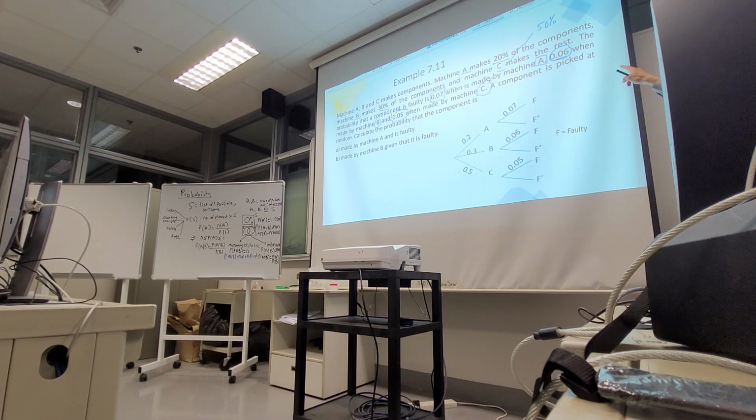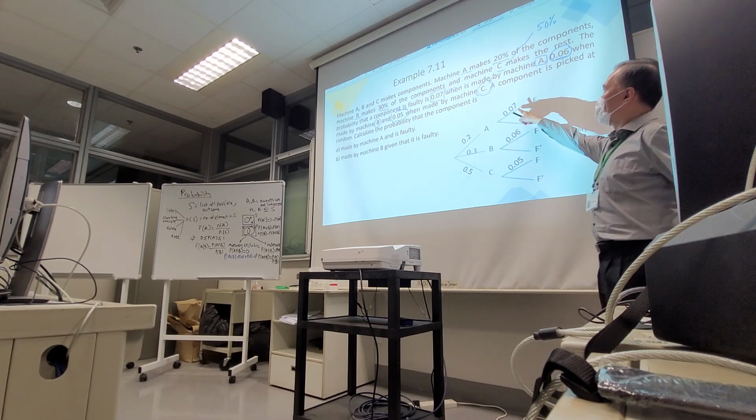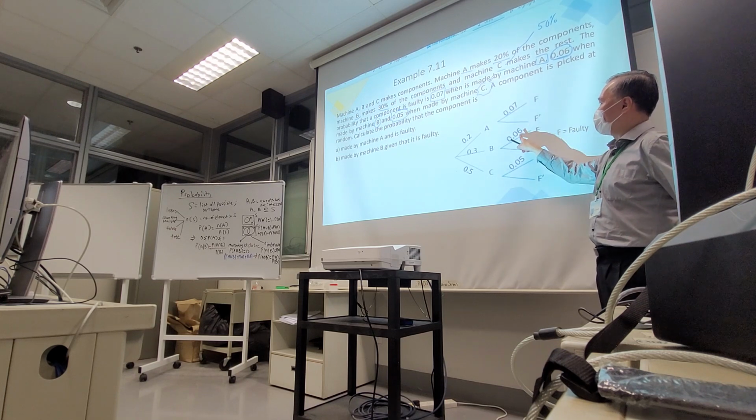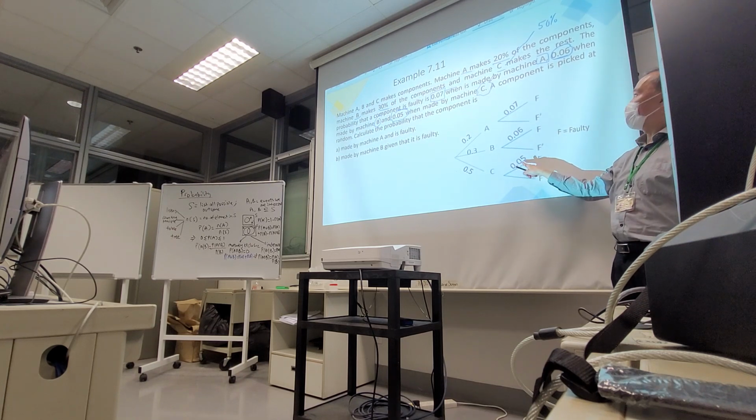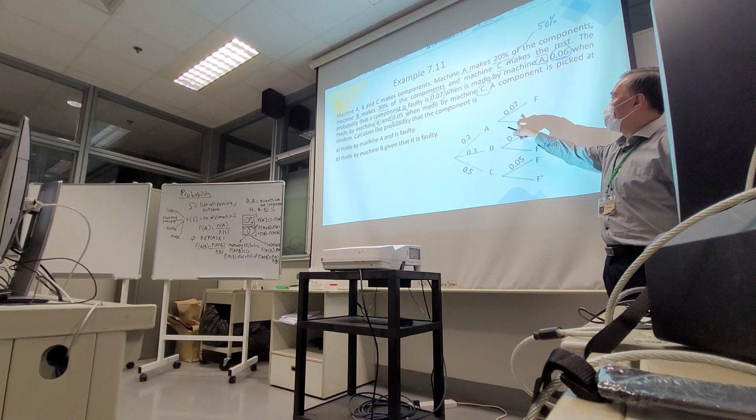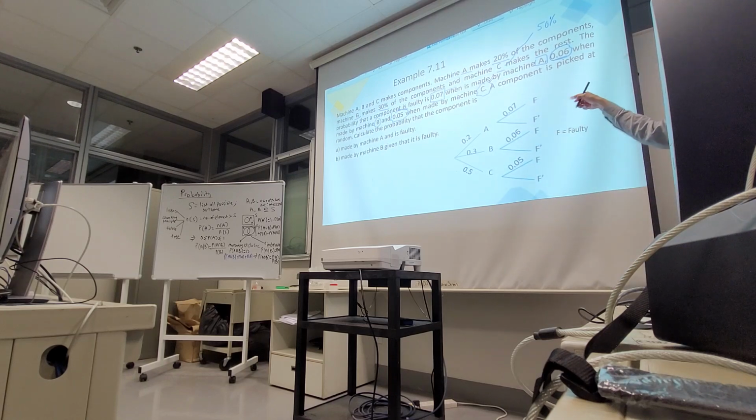So then from there I just fill up 0.07, 0.06, 0.05. And again, what is the other probability? The other probability is going to be 1 minus that, right? So this is going to be 0.93. This one is going to be 0.94, and this one is going to be 0.95.